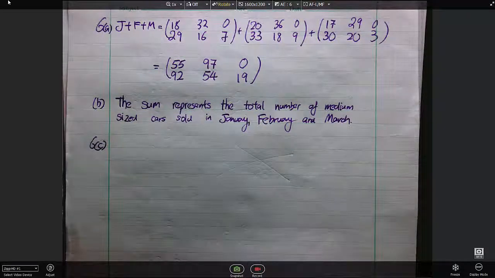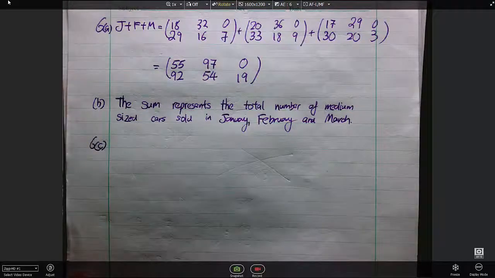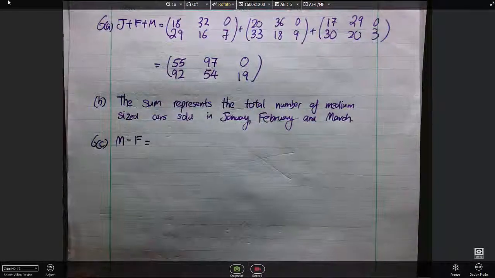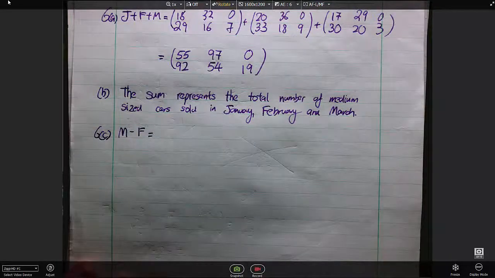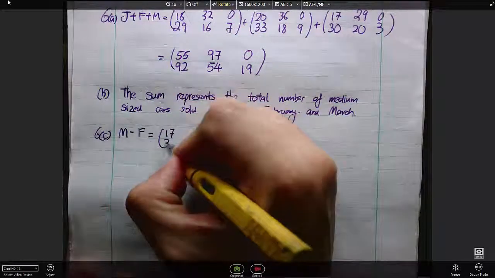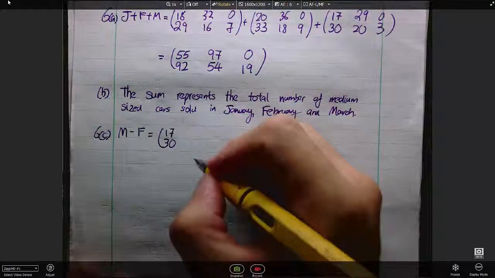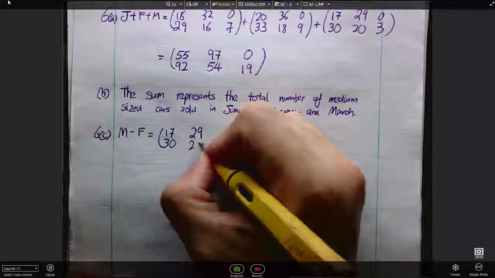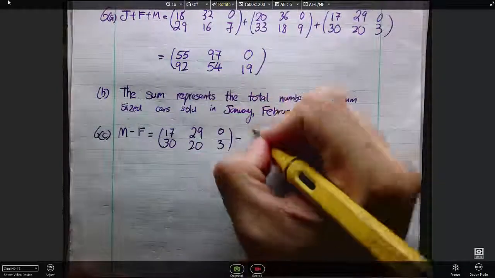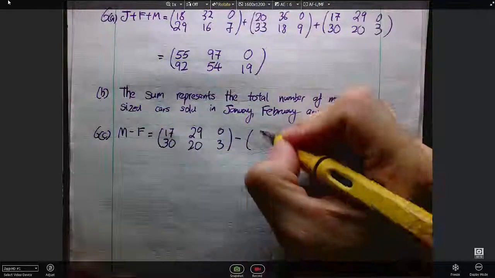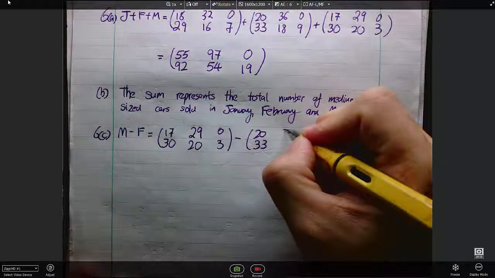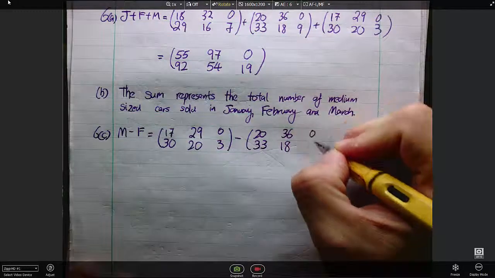In 6c, they ask us to find M minus F. What is my M? Minus away F, which is 20, 33, 36, 18, 0 and 9.